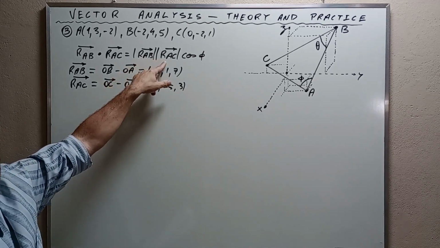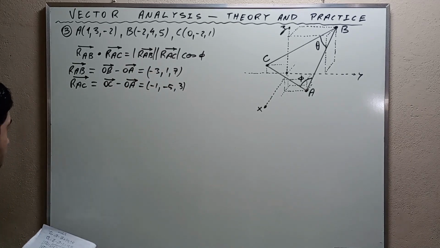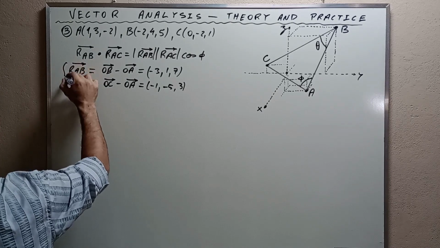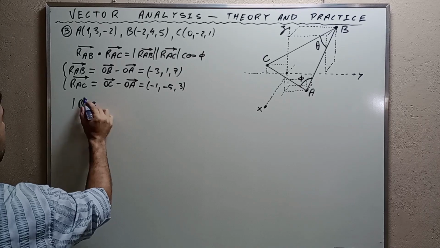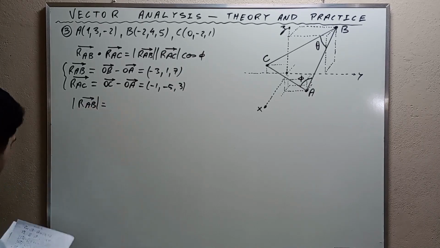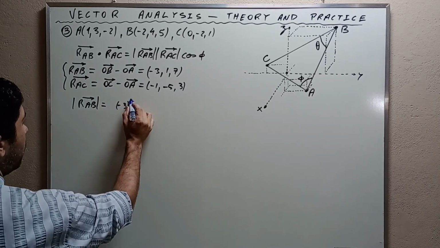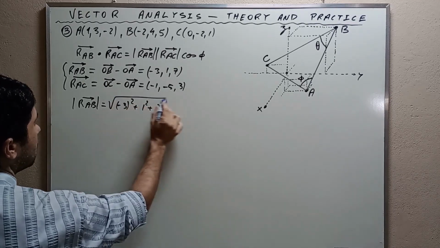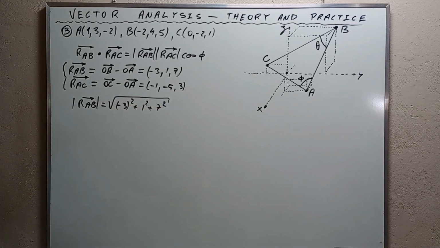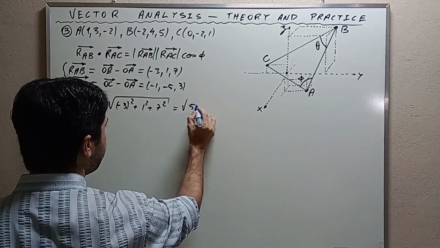And we need the magnitudes. How do we calculate the magnitudes? Simply, the magnitude of RAB is equal to the square root of -3 squared plus 1 squared plus 7 squared, and we find the square root of 59.